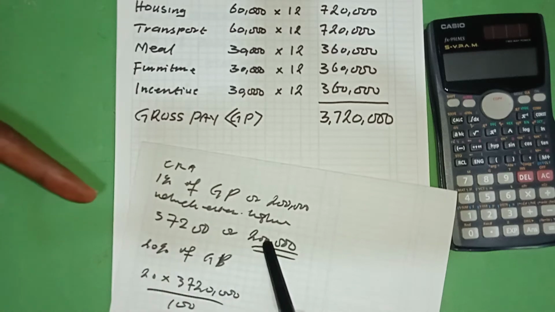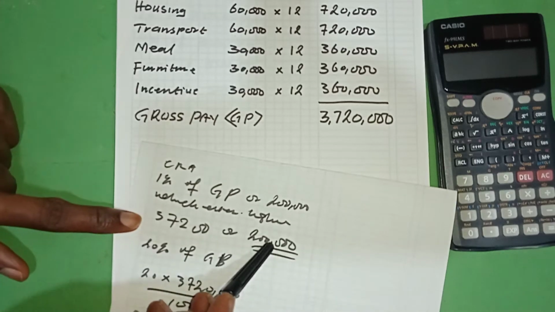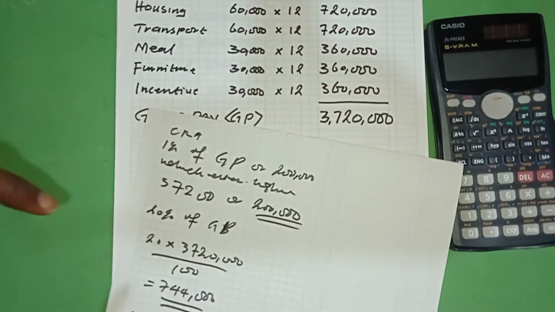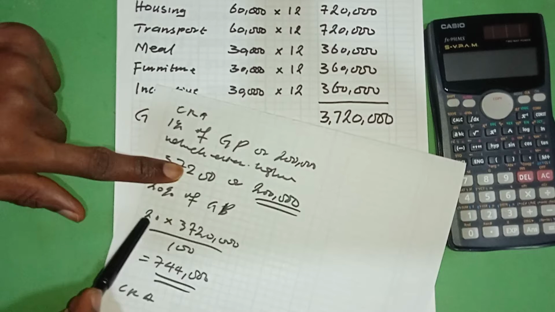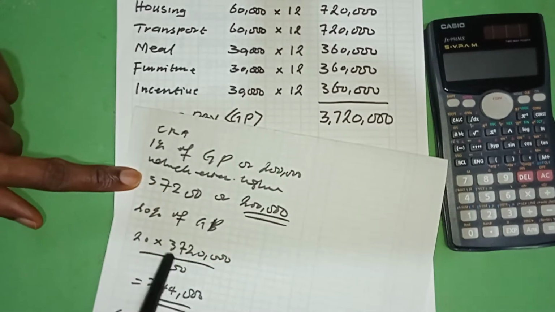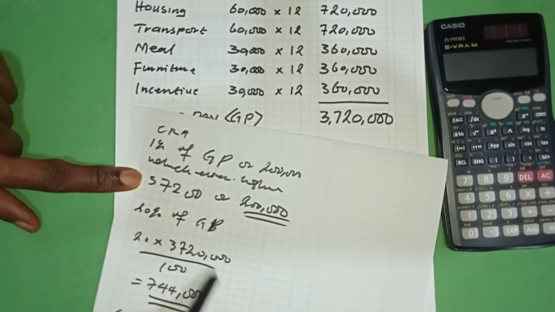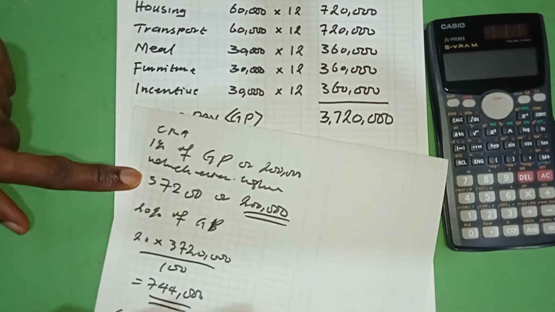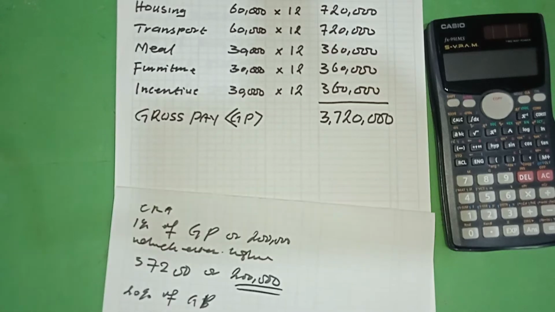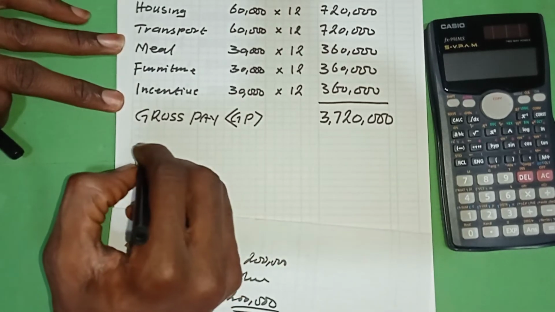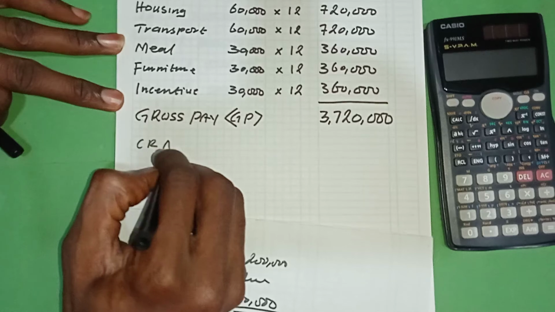In this case, 200,000 is higher, so you are picking 200,000, plus 20% of your gross pay, which is 20 times 3,720,000 all over 100, divided by 100 will give you 744,000. So that is your CRA. So they will come here and put CRA. I hope you can see this.